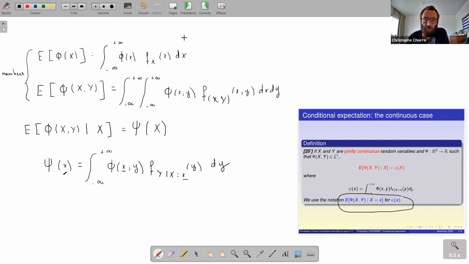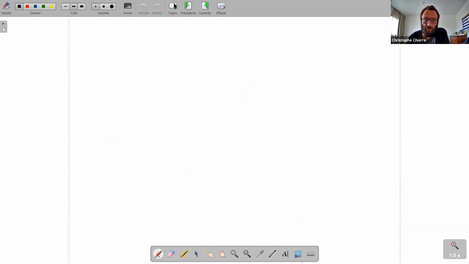So let's have a look at a little example we have already done together. We have seen the example concerning the following.